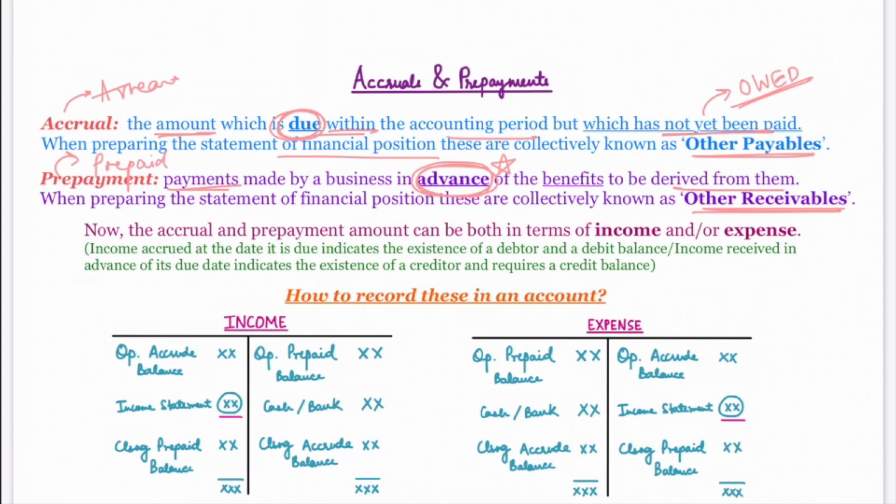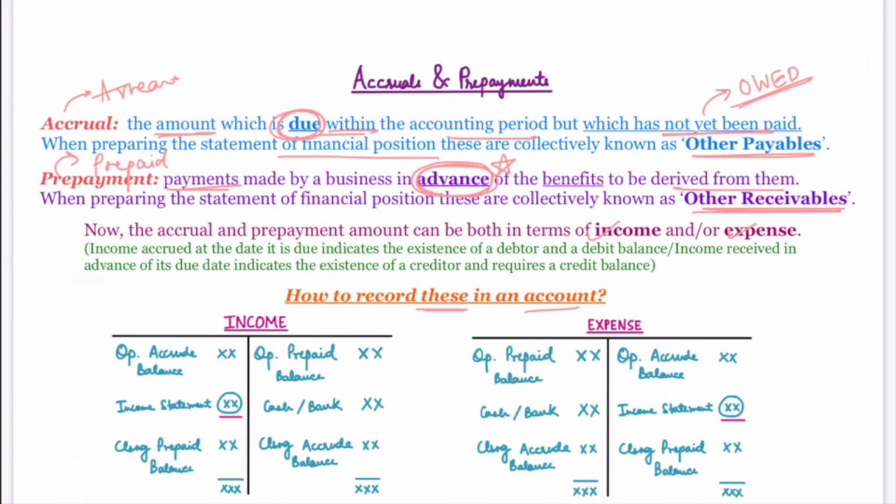Now let's see further. The accrual and prepayment account can be in terms of income and or expense. So let's see how to record these in an account. It can be accrued income, accrued expense, prepaid income and prepaid expense.